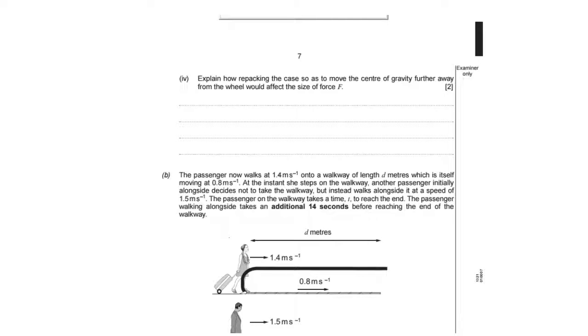Okay, then, if we repack the case so that the centre of gravity is further from the wheel, so now we move the centre of gravity further away from the wheel. How would that affect the size of force F? Well, if we move G to the right, that would increase the clockwise moment.